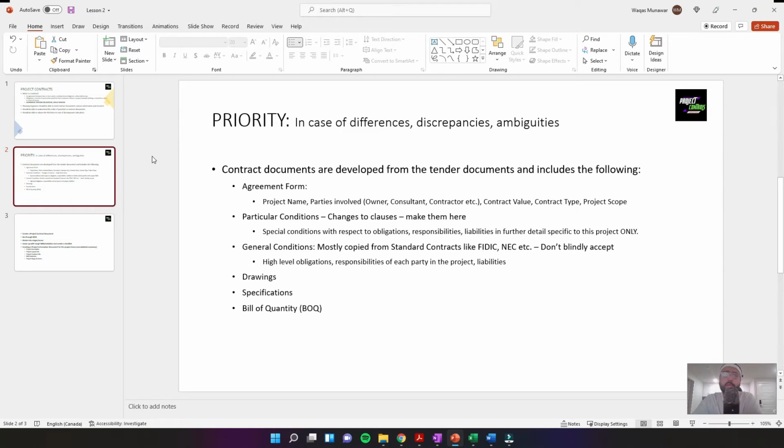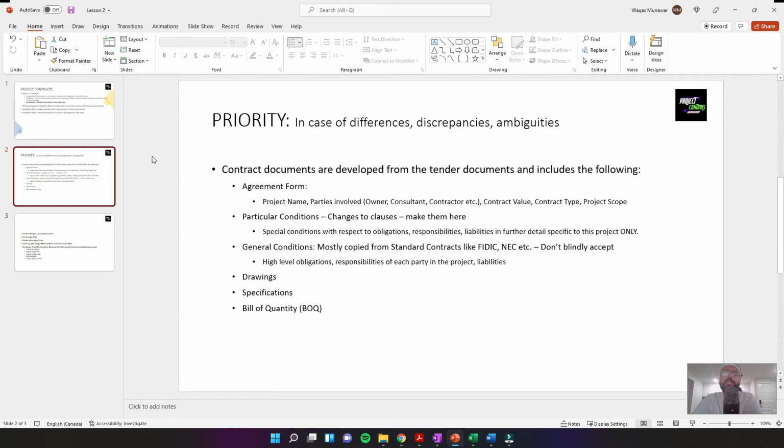Then we have the drawings, which obviously is self-explanatory. Then we have the specifications. Then we have the bill of quantity. Now let's say they handed over the bill of quantity to you, and in that they mention some scope of work which is not mentioned in the particular conditions.